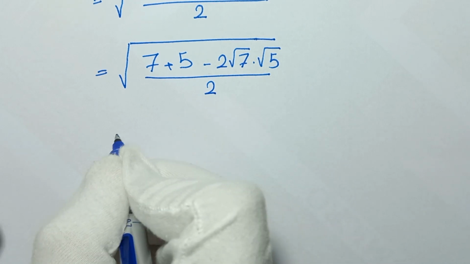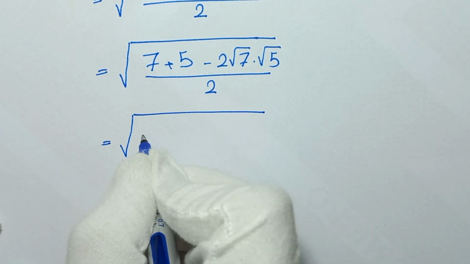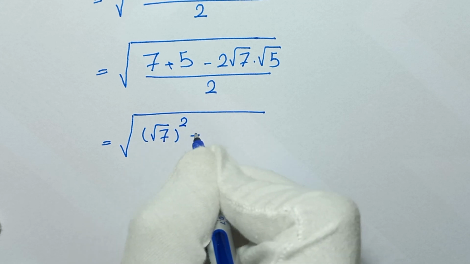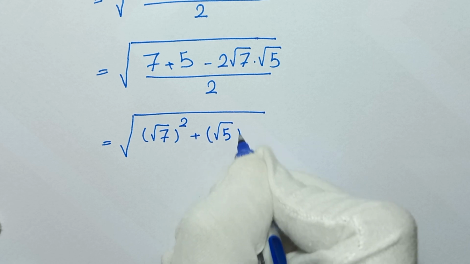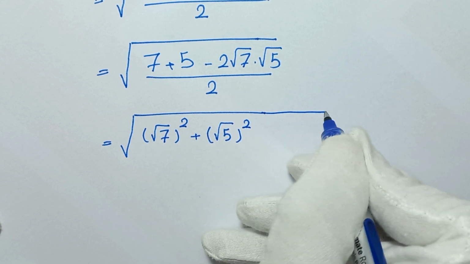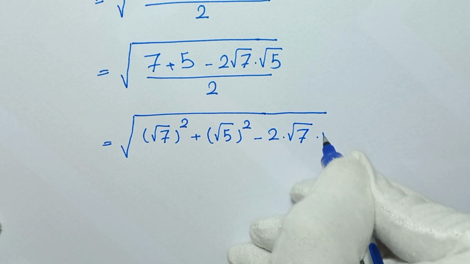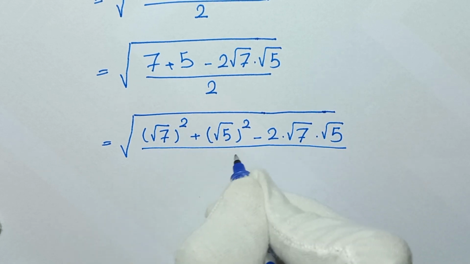And in the next step, we write this 7 as square root of 7 to the power of 2. Also this 5, we write this as square root of 5 to the power of 2, and minus 2 times square root of 7 times square root of 5, and over 2.